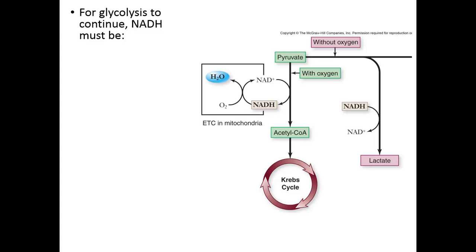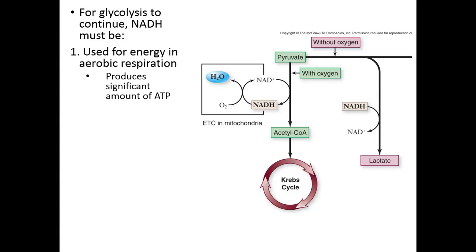So if you want to get energy just out of glycolysis, you have to have NAD+. In order for glycolysis to continue, you have to convert NADH back to NAD+.